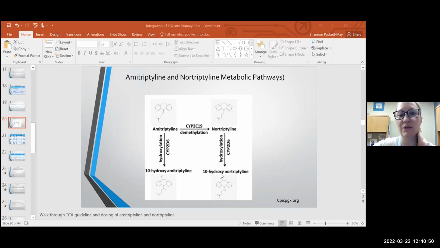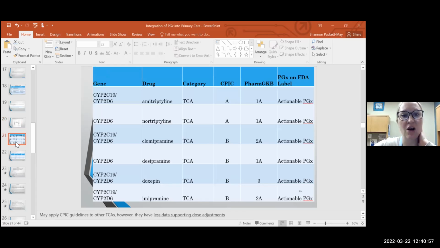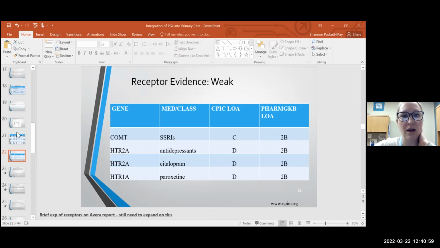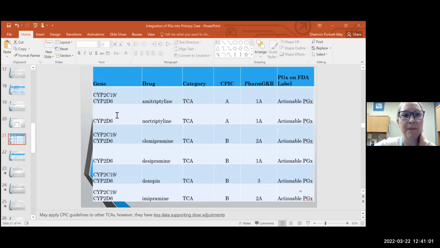If you look in those tables, and I'm not going to change screens, there are strong levels of evidence for amitriptyline on CYP2C19 and CYP2D6 metabolism status. The third table in there actually shows you what to do with amitriptyline dependent on both of these phenotypes.